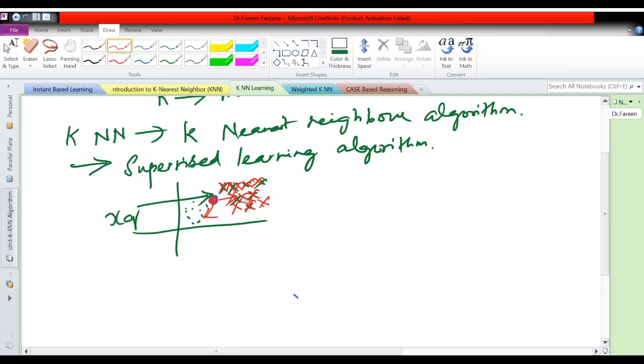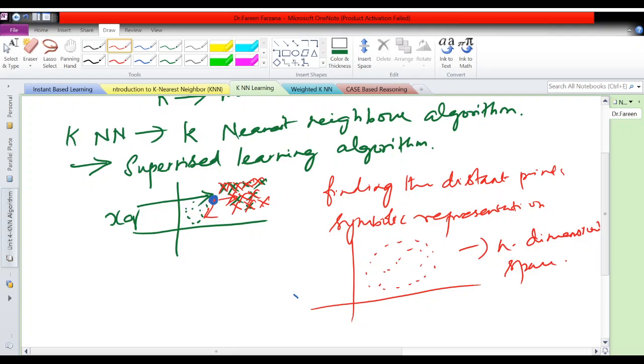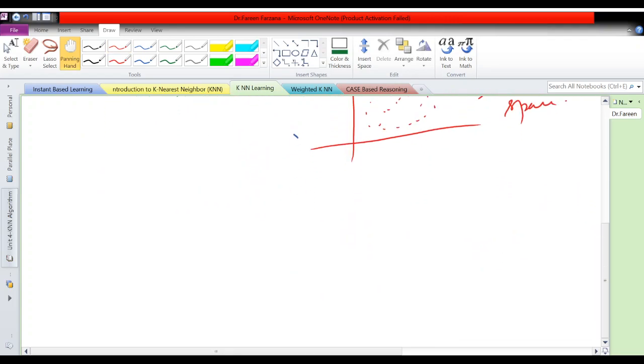So how are you going to find this? You are going to find it by finding the distance between the points. You may wonder what I call points here. This is a symbolic representation. Your KNN algorithm is a symbolic representation, that is, all the instances are represented as points in an n-dimensional space, represented as Rn.